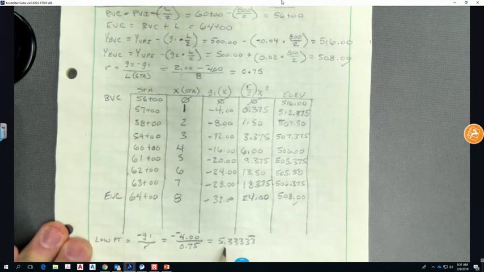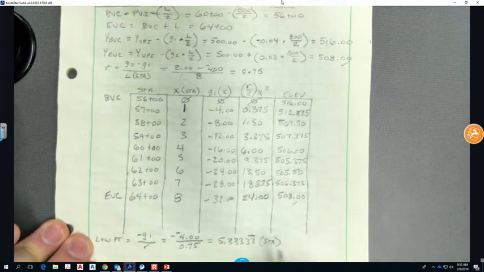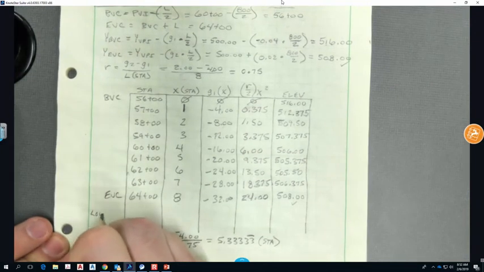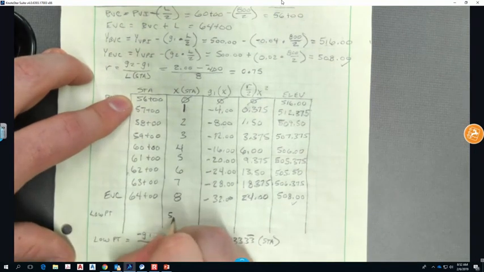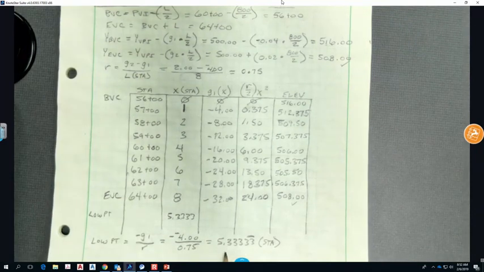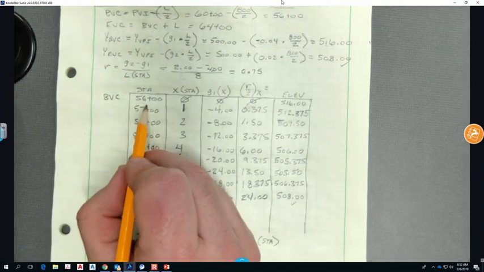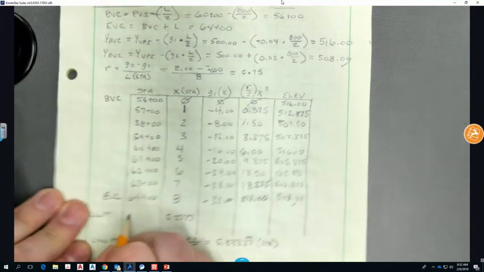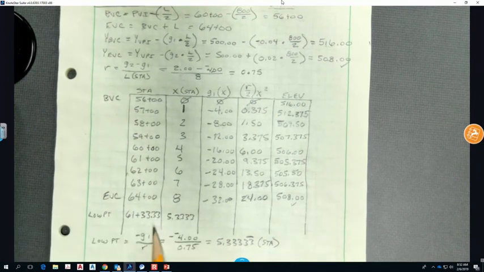So that's in stations. Remember, this is in stations. So if I go up here to the low point and add the 533.33 to my BVC, it's going to give me my station. So it's 61 plus 33.33 is the low point station.